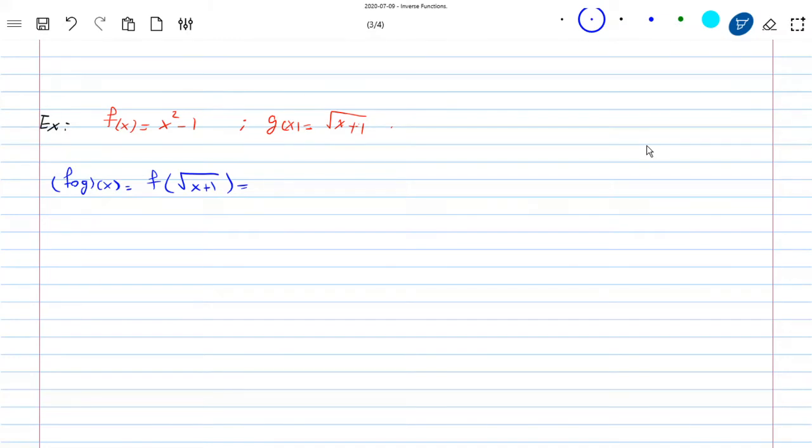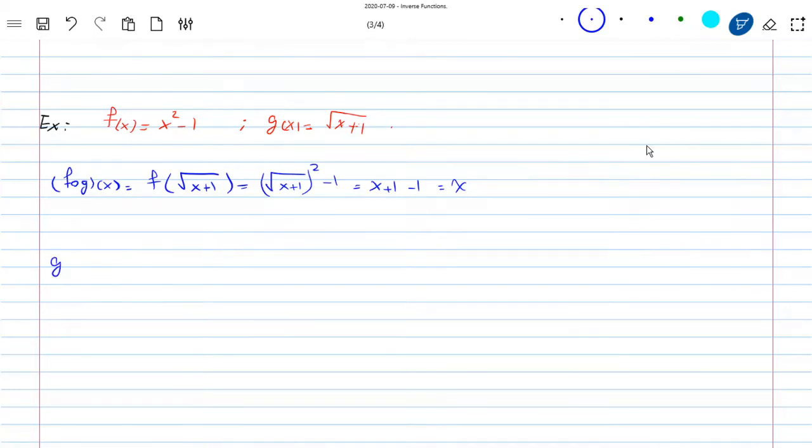Square root of x plus 1 goes in for x into the f function. So you get square root of x plus 1, squared, then minus 1. What does that simplify to? Square root of x plus 1 squared is simply x plus 1, then minus 1 equals x. So I got f of g equals x.